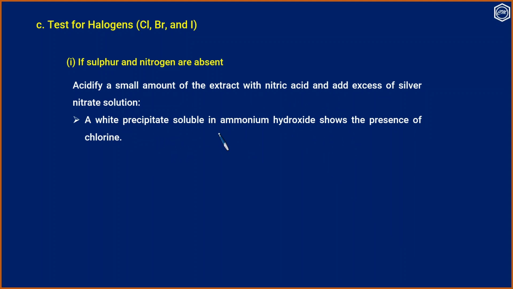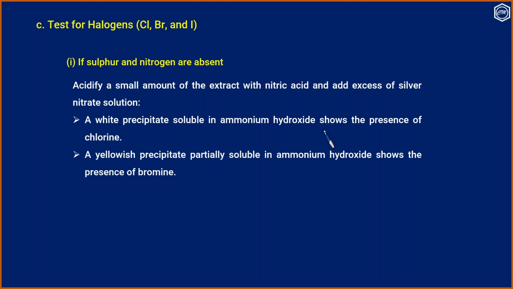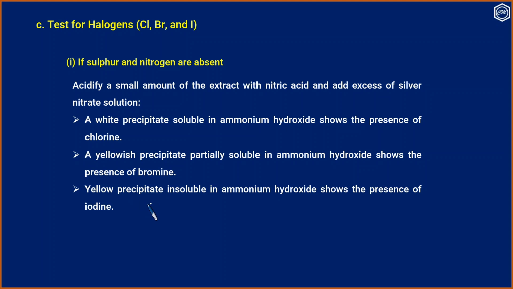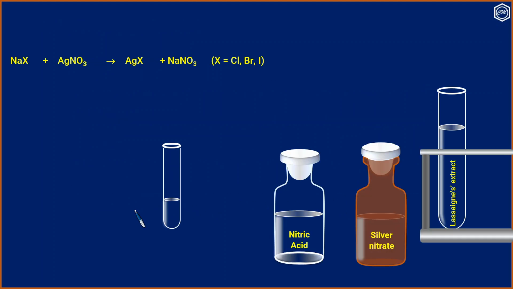If a white precipitate soluble in ammonium hydroxide is formed, it shows the presence of chlorine. A pale yellowish precipitate partially soluble in ammonium hydroxide shows the presence of bromine. A yellow precipitate insoluble in ammonium hydroxide shows the presence of iodine.